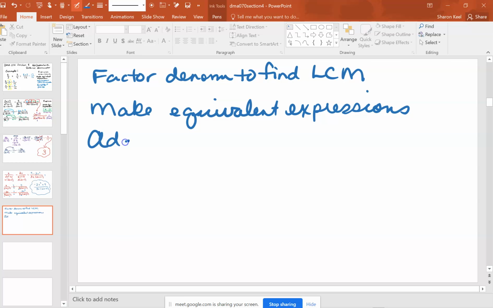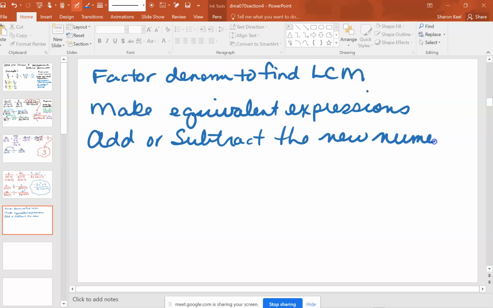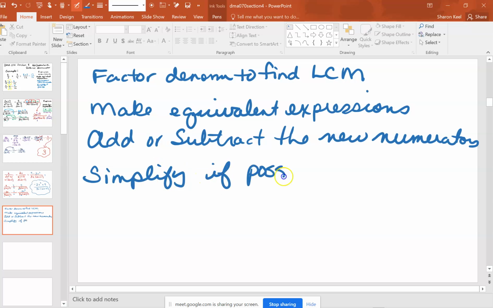You then add or subtract the new numerators. And then last, you simplify if possible. So you're doing the skill practices from section 3. Finding the least common multiples, making the equivalent expressions, then do your basic addition, subtraction, and then simplifying if you can at that point.